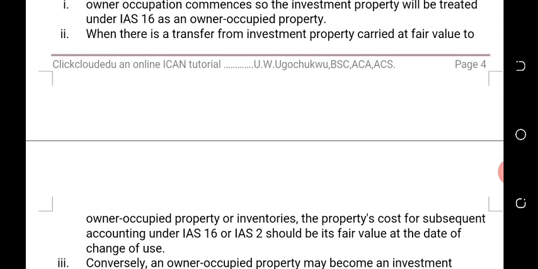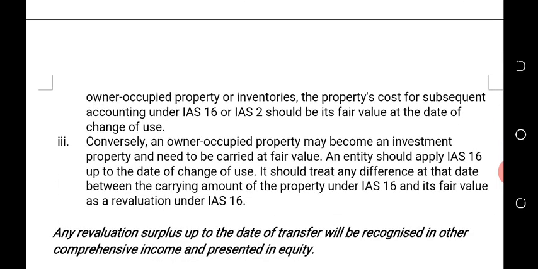So whereby an entity changes how it will use a property classified as investment property and transfers it to owner occupied property, which is IAS 16, the fair value as at the date of change in usage will now be deemed to be the new cost of the property. The same thing happens to IAS 2 inventory.